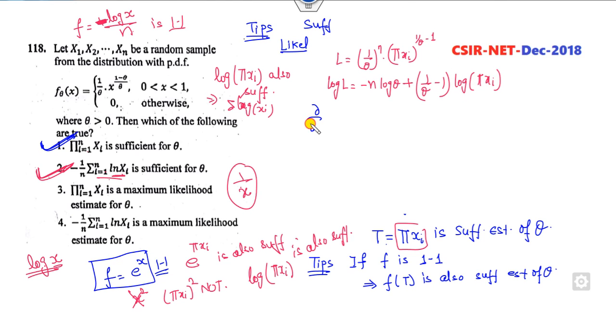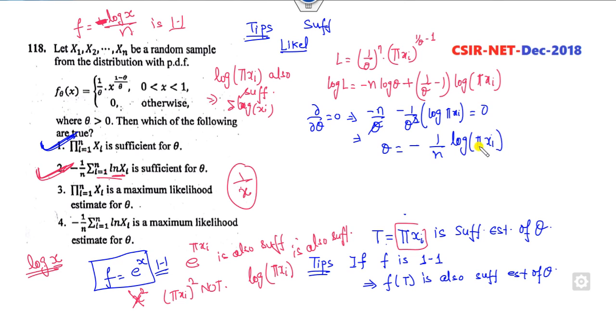Now you can take the partial derivative with respect to theta and set it to 0, so minus n over this, it is minus 1 over this, and the log term here, so 1 over theta will be cancelled out, so this will be my minus 1 over n times the log of this. So this log I can write as the summation of log x_i. So this is my maximum likelihood estimator here.